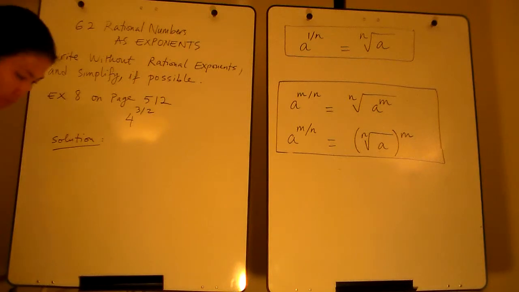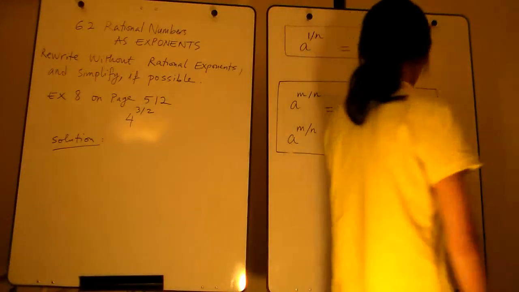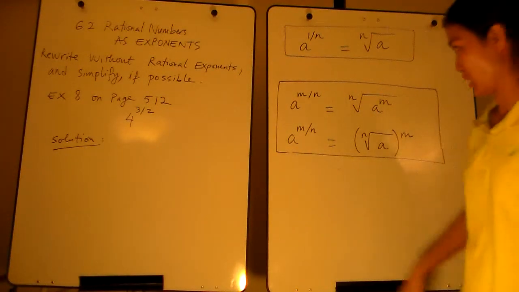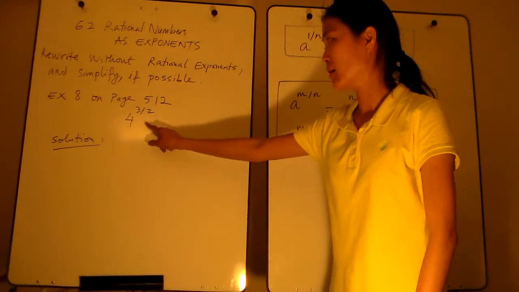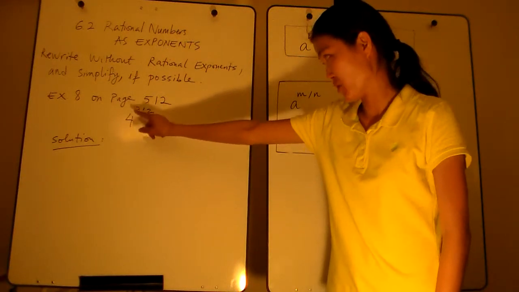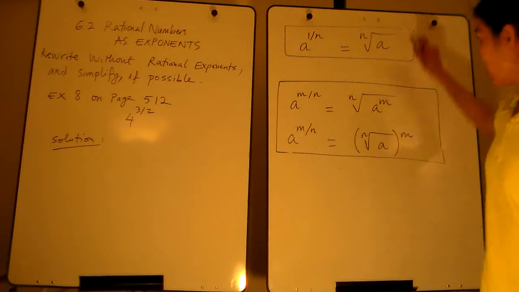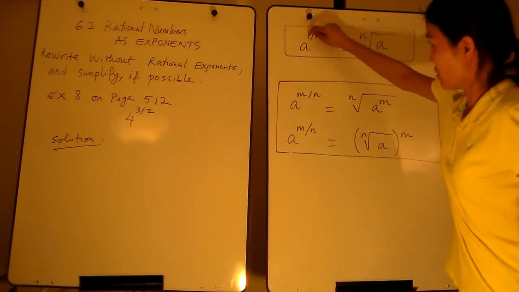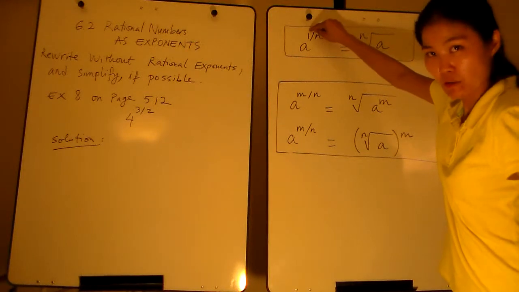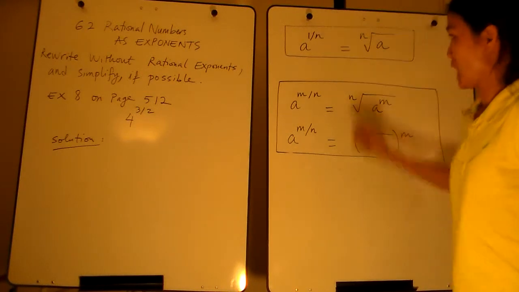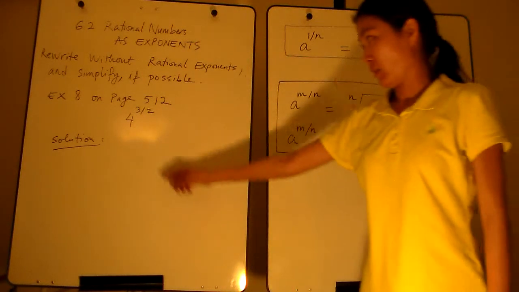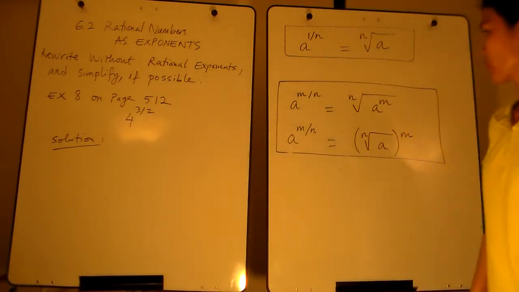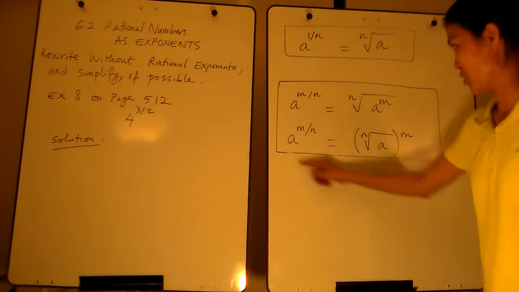By now you know that you will use this formula because the numerator of the exponent is not 1. The first formula only applies when the numerator of this exponent is 1. What we have here is 3 as the numerator, so we have to use this formula right here.